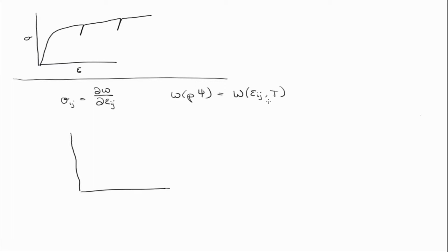Okay? But let's look at one of these cases for plasticity again. Here's my stress strain curve, and let's say this is just one dimensional, so my tensor has just one entry, sigma 1, 1. Everything else is 0.